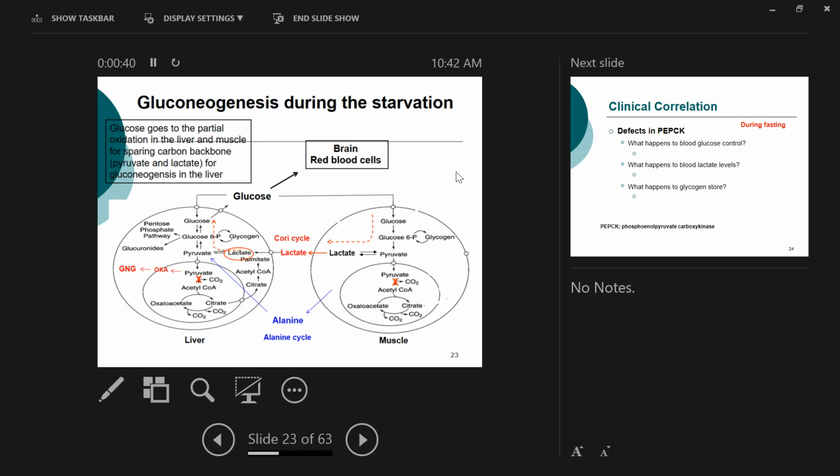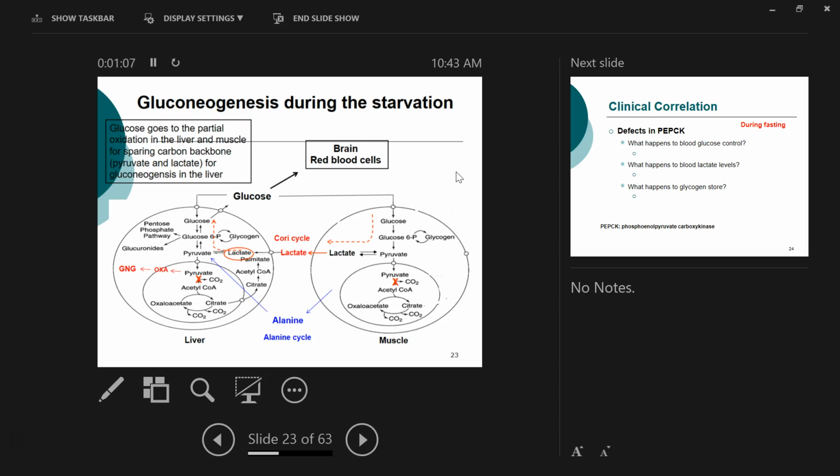Whether the glucose will be completely oxidized to CO2 and water or just partially oxidized to lactate or pyruvate depends on the cell condition, right? Whether the cell is under aerobic or anaerobic condition.